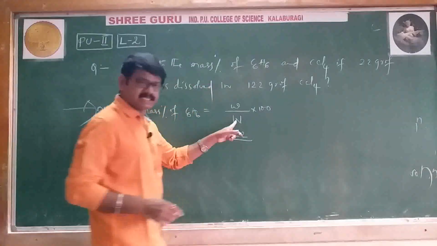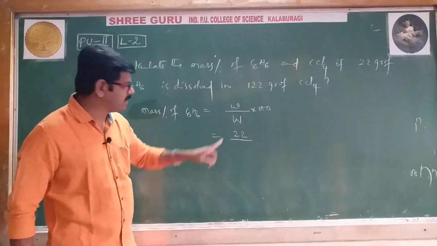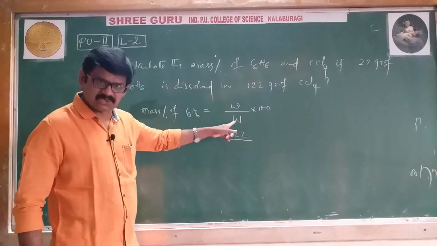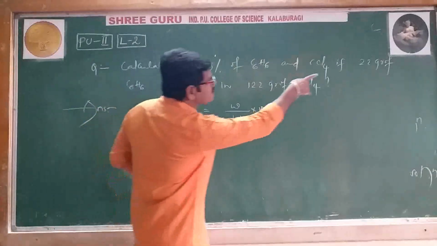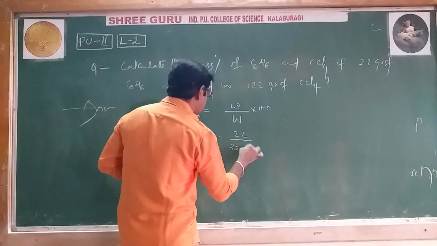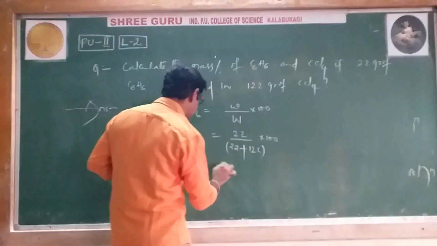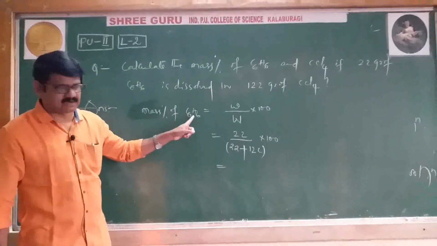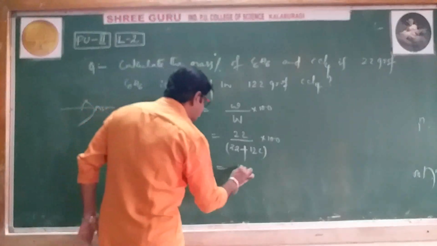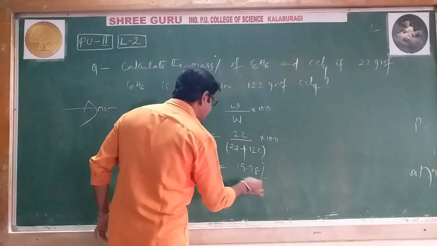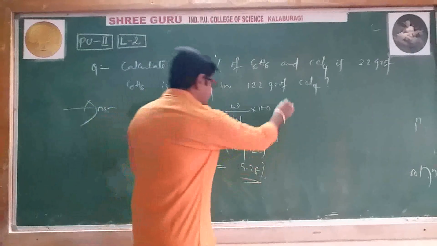Divided by the capital W, which is the mass of solution, not solvent, not solute. Mass of solution means we have to add both masses: 22 plus 122, into 100. After simplification, you will get 15.28 percent. That is the mass percentage of benzene.